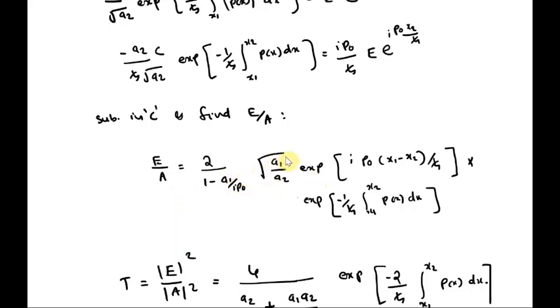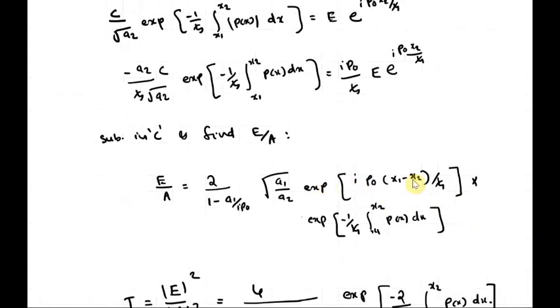There is a bunch of constants over here, and an exponential function which is i p naught x1 minus x2 divided by h cross, and another exponential function. This is exponential, and this is actually a sinusoidal component.